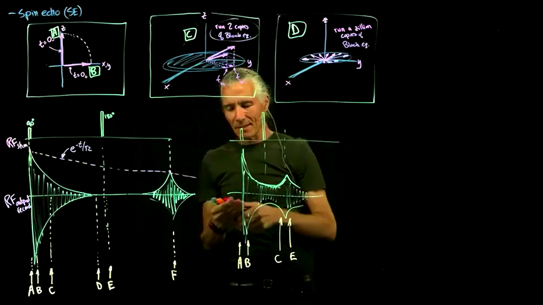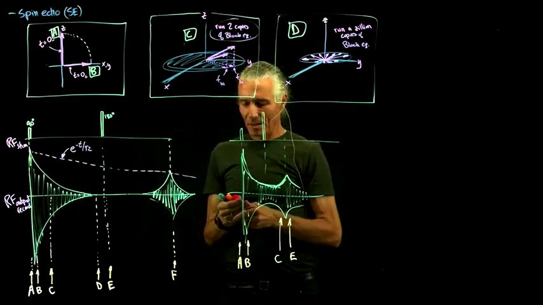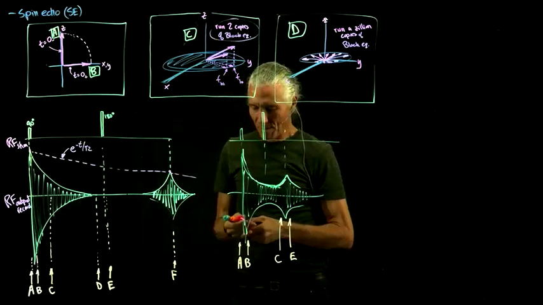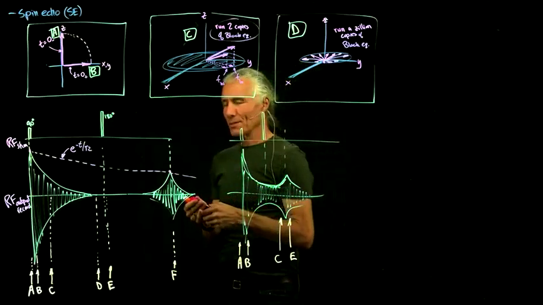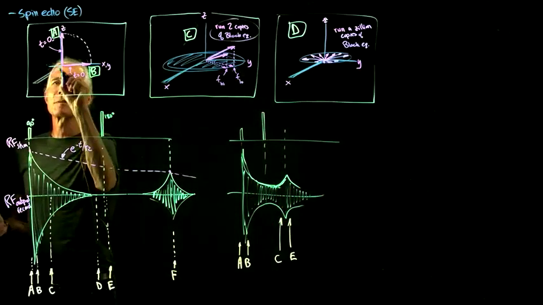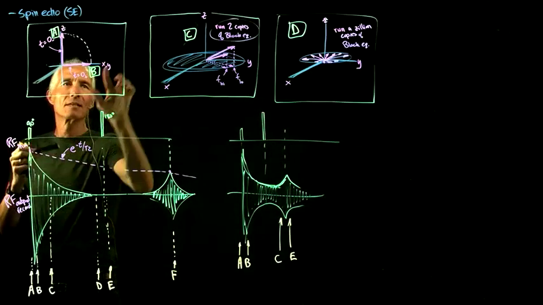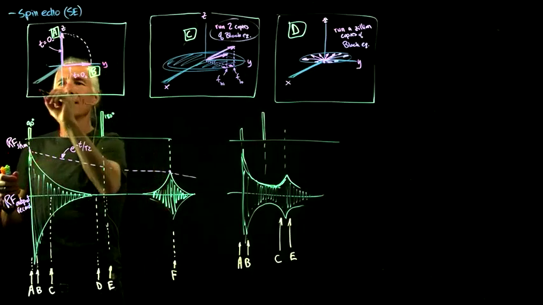So if we flip this guy, what axis are we flipping around? Let me just write out the full axes. So this is the y and the x.